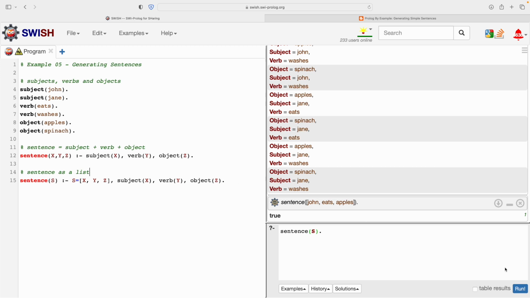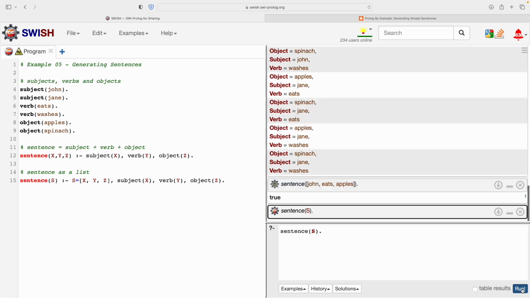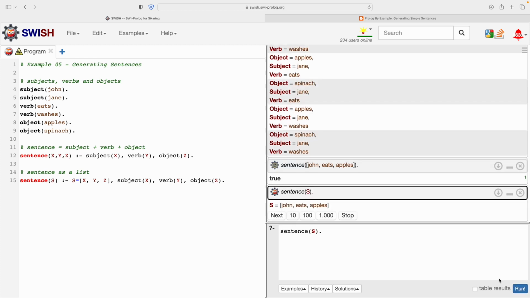So let's run this. This is exciting, actually. Will it generate S, which are lists, which are well-formed sentences? That's the hope. Let's go. Yep, S equals John eats apples. That's a list of 3 things, a subject, a verb and an object. So that's nice. That's much easier to read than what we had up here.